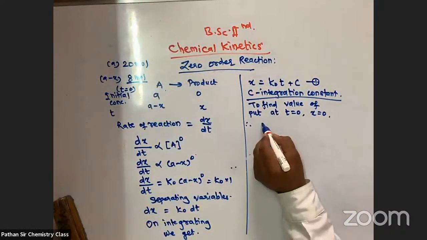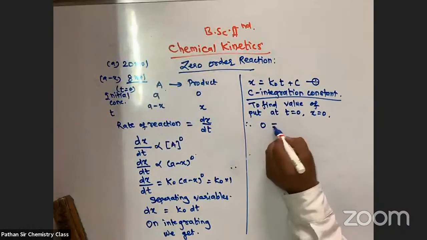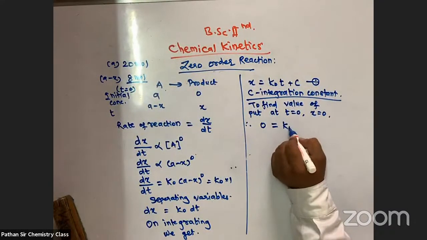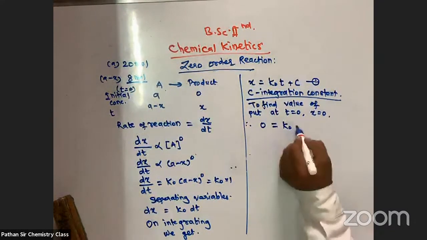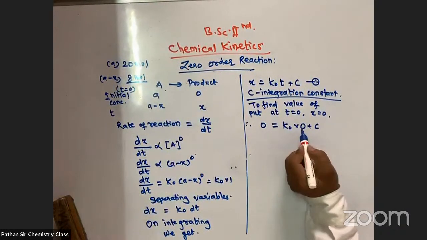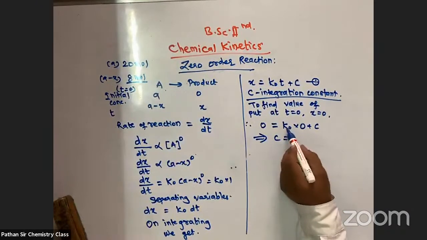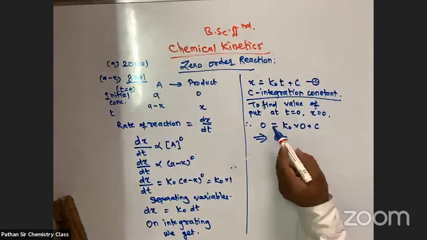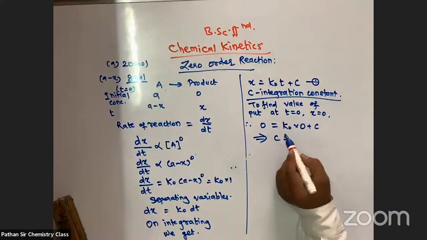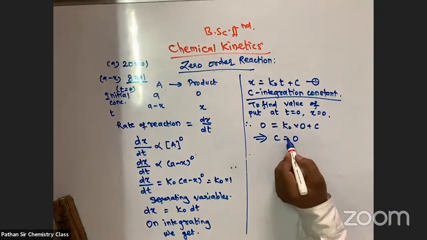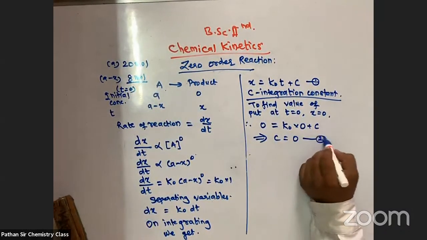Therefore, here x is equal to 0. Here instead of x it will be 0, k0 as it is, t is 0, plus c. Okay, so finally c is equal to how much? k into 0 is 0. So 0 is equal to 0 plus c. That means c is equal to 0. Say it as equation number 2.